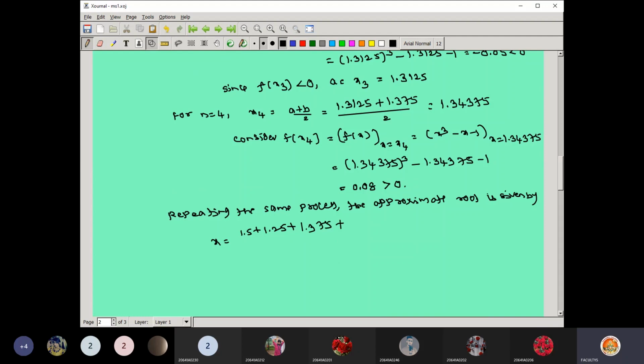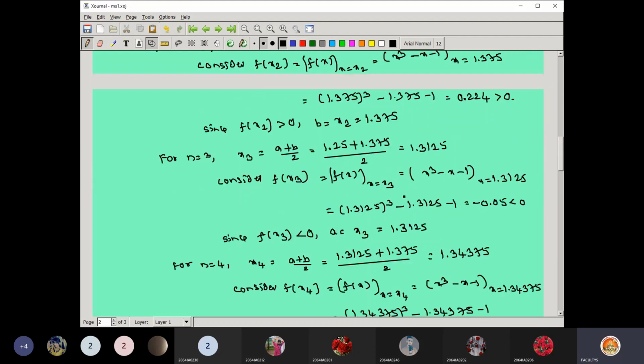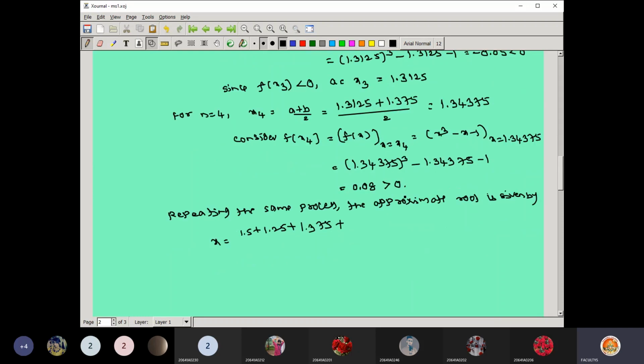Next, x3, 1.3125. Next, x4, 1.34375. Overall, it is divided by 5 approximate roots.